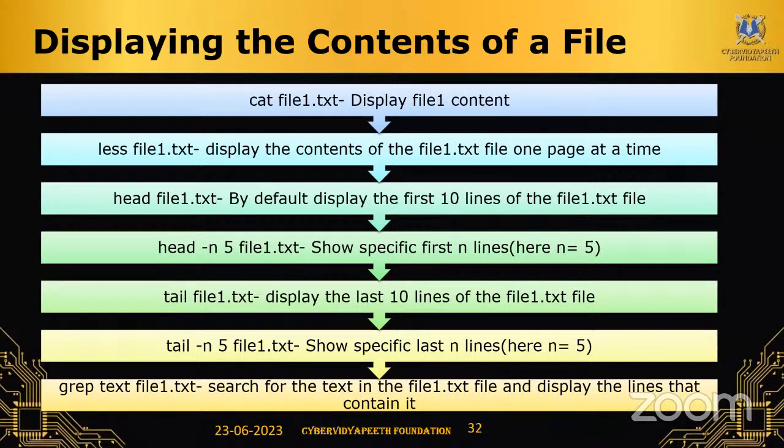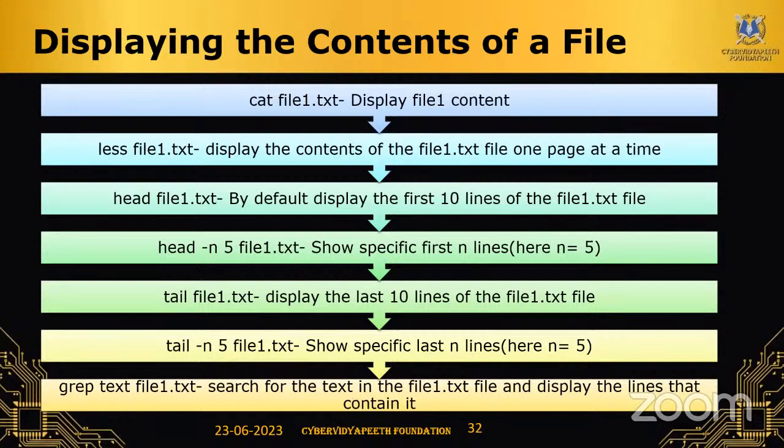We can use -n. Let's suppose I want to print the first 7 lines of a txt file. For this we will use head -n 7 and then the file name. It will print the first 7 lines of that txt file.